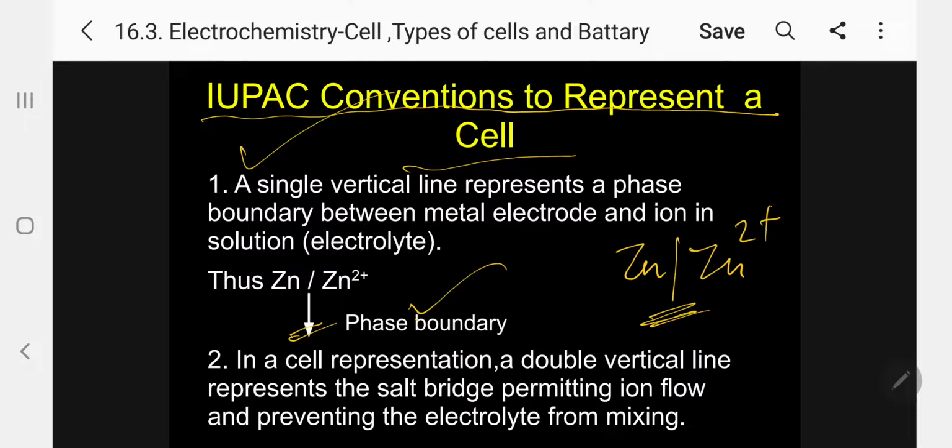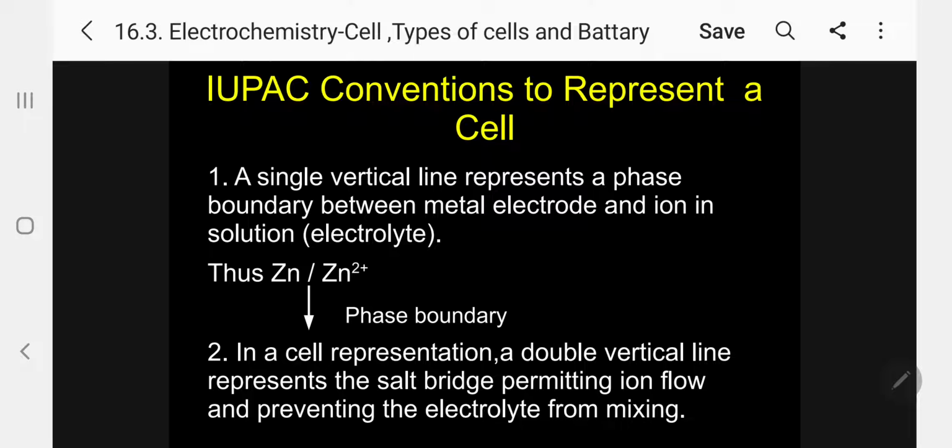This is the electrode representation. In a cell representation, a double vertical line represents the salt bridge, permitting ion flow and preventing the electrolytes from mixing.